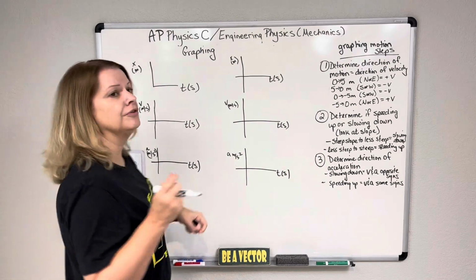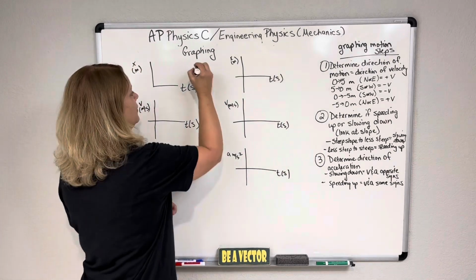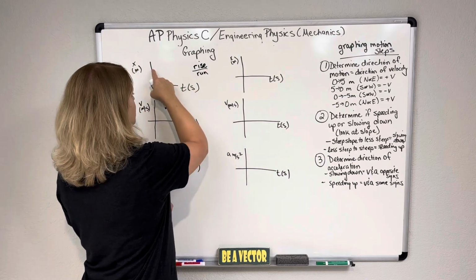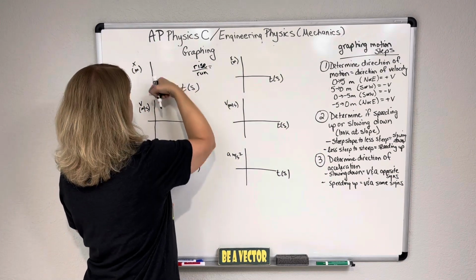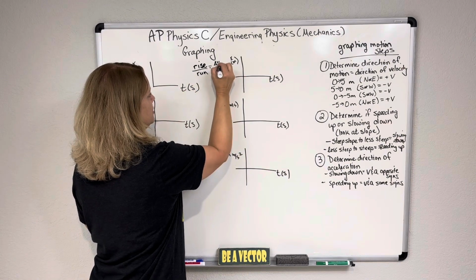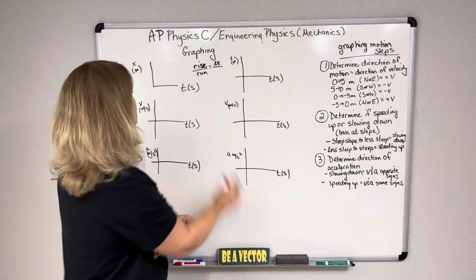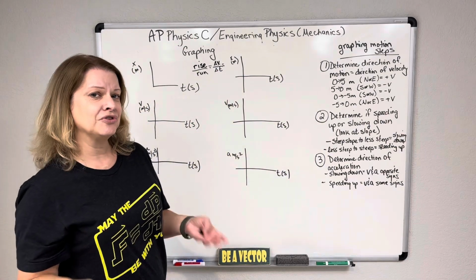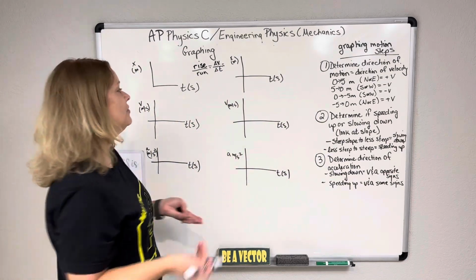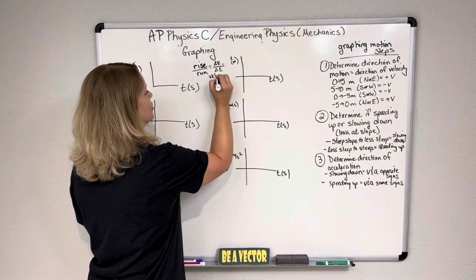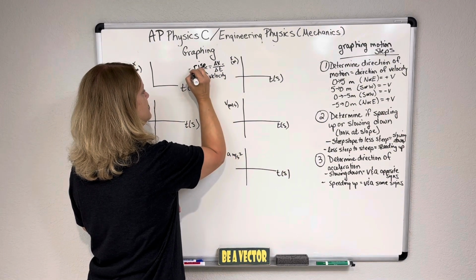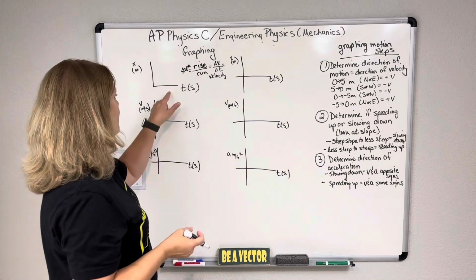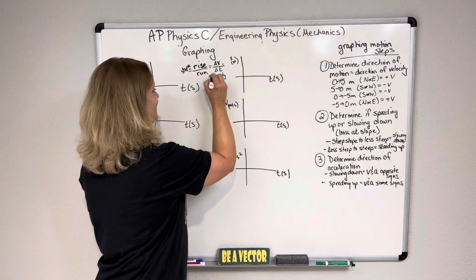Now, one thing we're going to remember and review is that old junior high equation, rise over run. For my position time graph, rise is on the y-axis, which happens to be your change in displacement, and your run is time. We know that change in position over change in time is equal to velocity. So the slope on a position time graph is velocity.